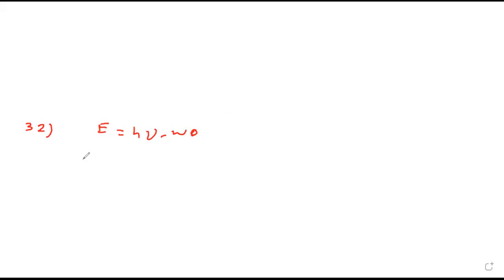Ke max is h nu minus work function. E is nothing but the maximum kinetic energy of the photoelectron ejected.